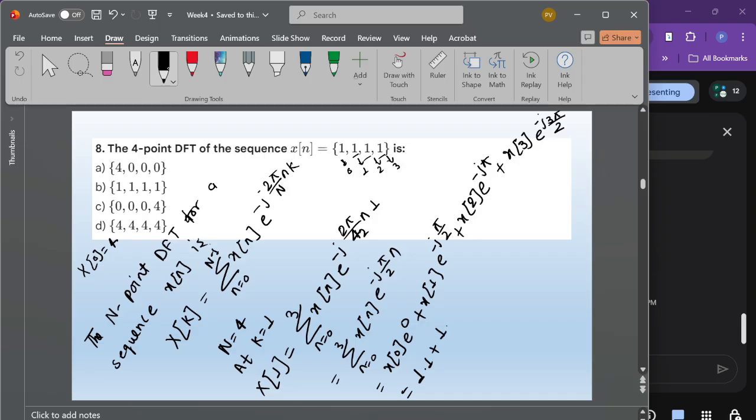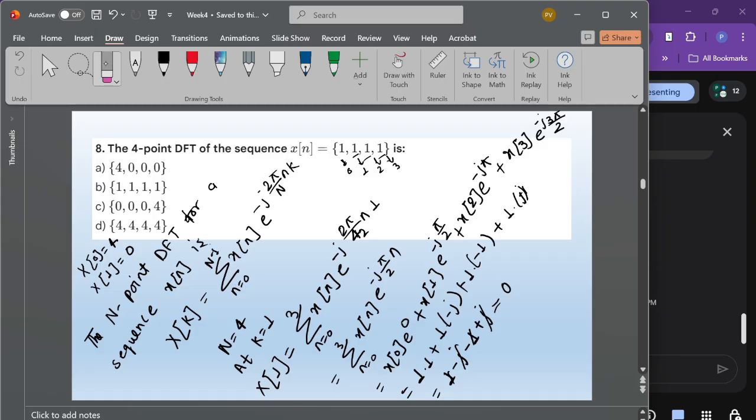Now e to the power minus j pi by 2 you will get minus j, x of 2 is here, and e to the power minus j pi value you will get minus 1 plus 1, and this value e to the power minus j 3 pi by 2 you will get j only. Now 1 minus j minus 1 plus j, so that all will be cancelled out, and you will get 0. So now X of 1 we have got 0.